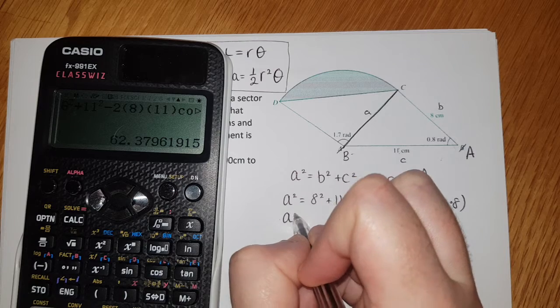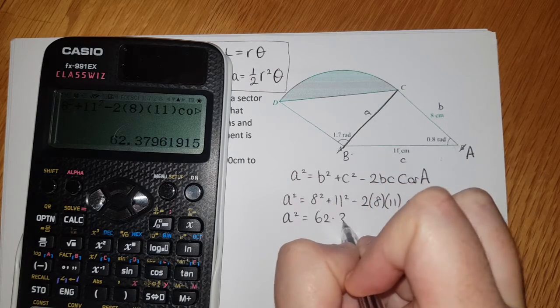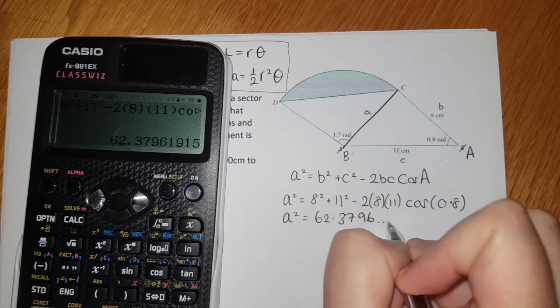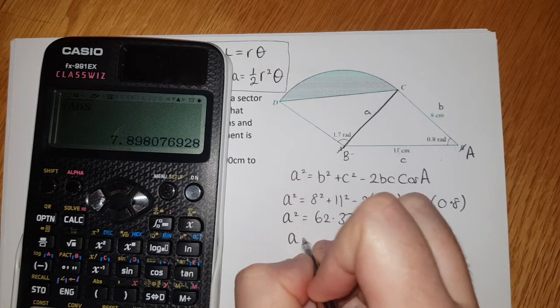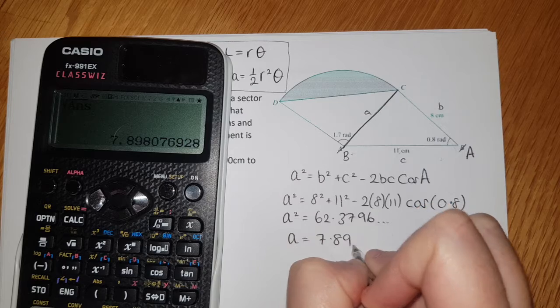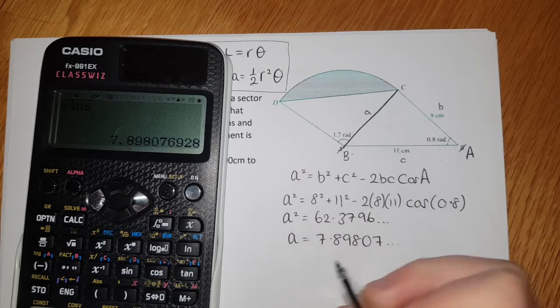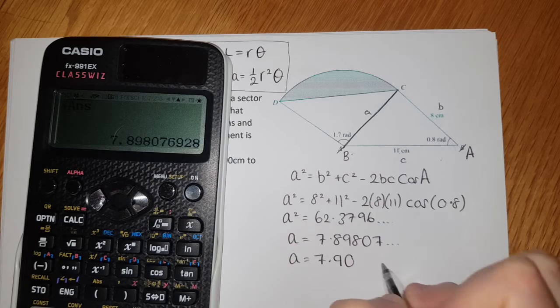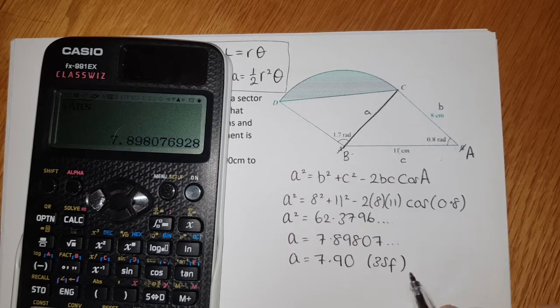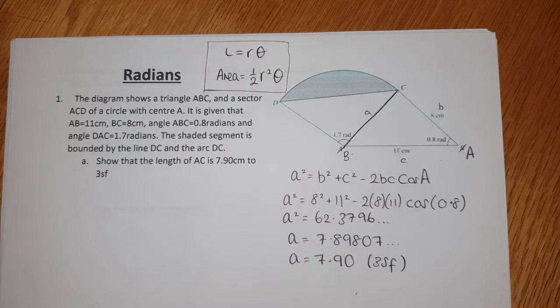And you get that a squared is equal to 62.3796, and so on. If we square root that answer, we get that a equals 7.89807, which means it is 7.90 to three significant figures. And remember, for a show that question, you do want to show every single line.